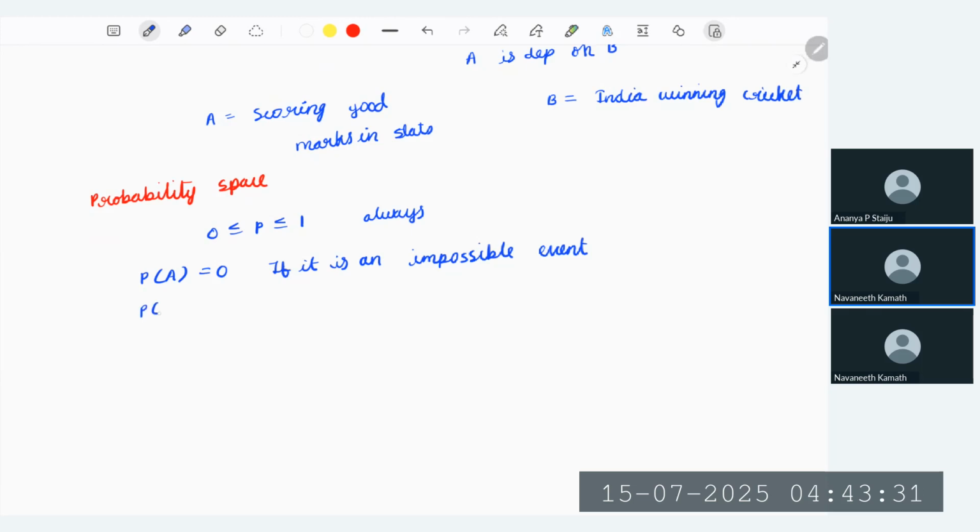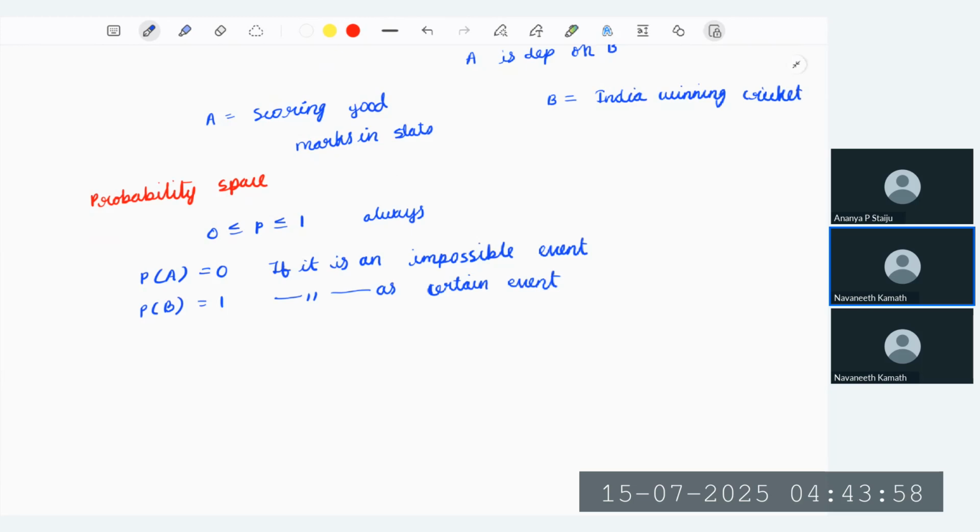Next, if any event has the value 1 as its probability, then it is called a certain event. Okay, that means it will always be happening. So having air in the atmosphere, it is always there, right?